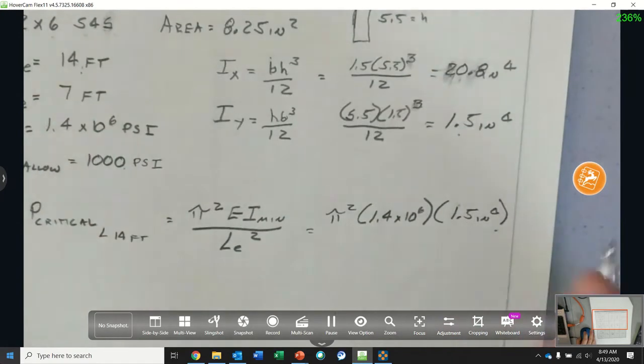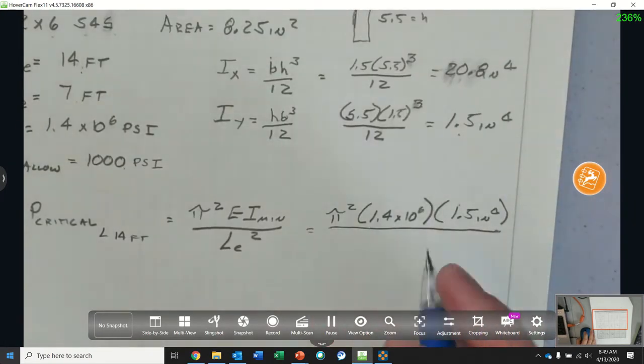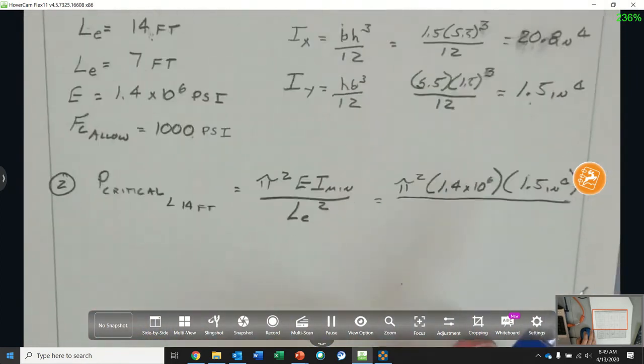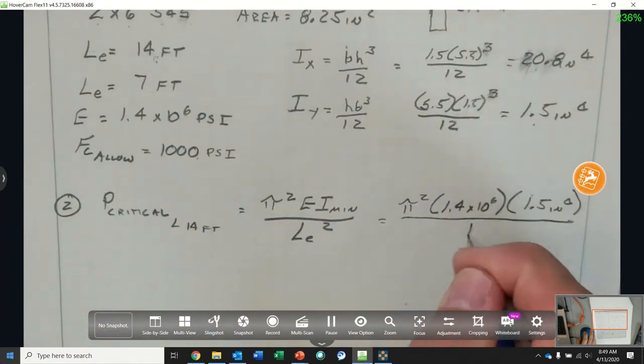I don't need units because they all work out. Divided by my effective length. We're doing the unbraced length, so I'm going to use 14. That's my effective length.